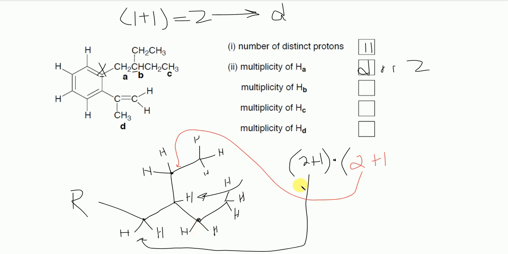And what I actually have is, because they are symmetric and they are the exact same chemically, these hydrogens are going to sum up. So it's going to be as if I have 4. So instead of 2, I actually have 4. So I have 1, 2, 3, 4, and I add them all together even though they're on different carbons because they are the same chemically. And then I do plus 1. And so I get 3 times 5, and this gives me 15.